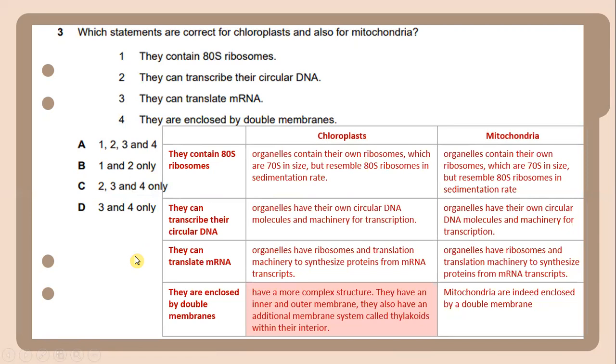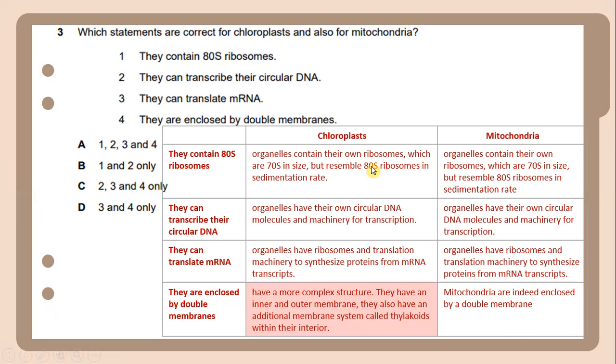Which statements are correct for the chloroplast and also for mitochondria? We can see here, the first one is they contain 70S ribosomes. Both organelles contain their own ribosomes, which are 70S in size and resemble bacterial ribosomes in sedimentation rate. This occurs for both chloroplasts and mitochondria.